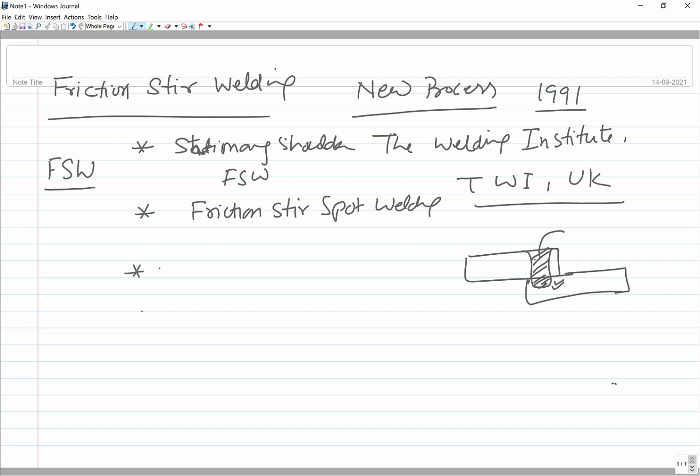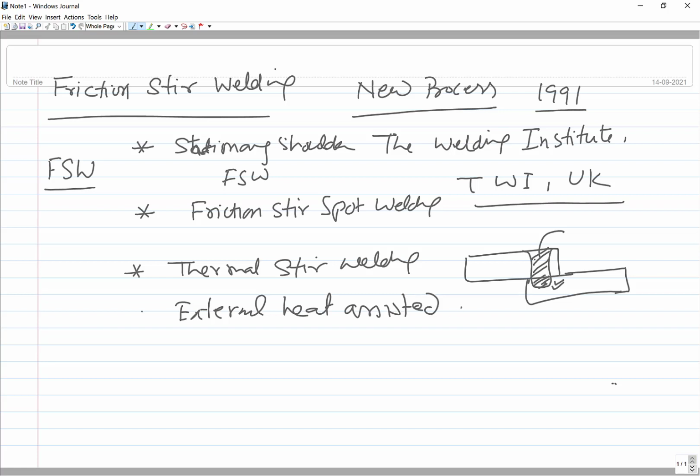There is one more variant that is known as thermal stir welding. This is nothing but external heat assisted friction stir welding.